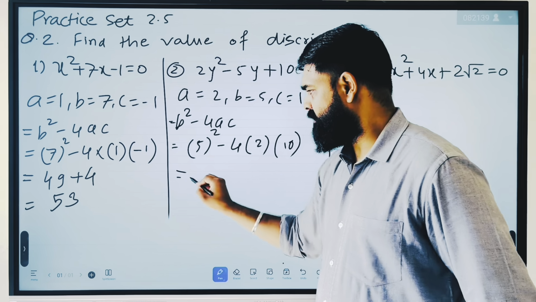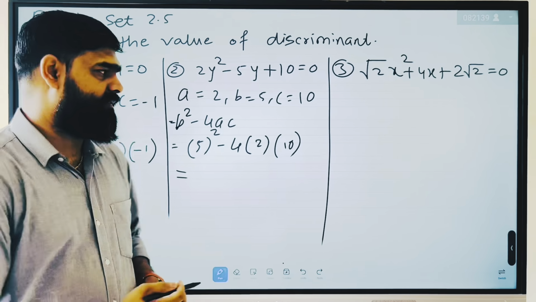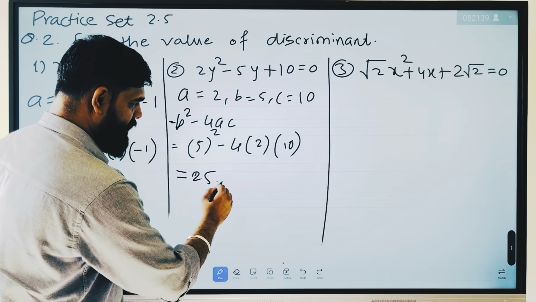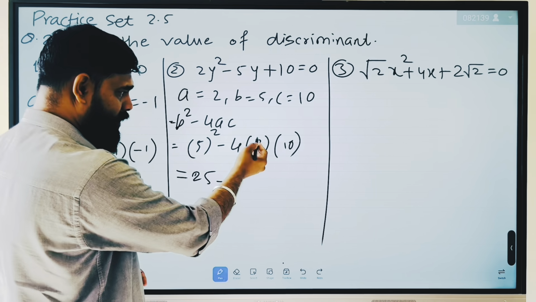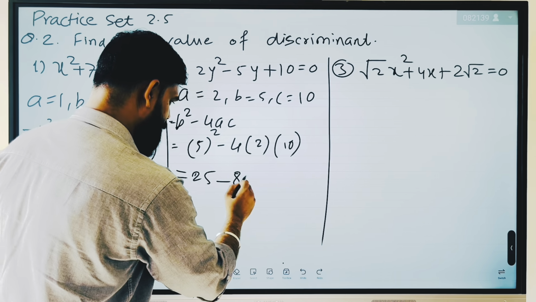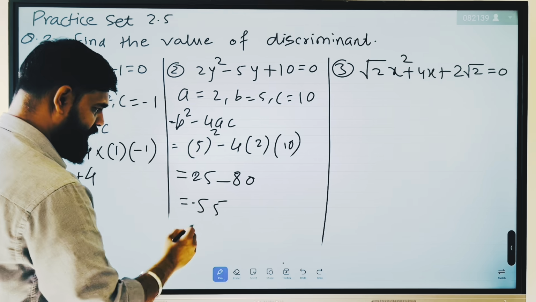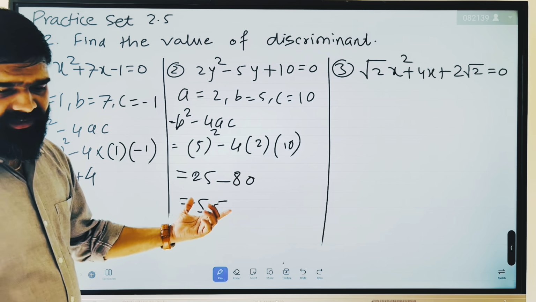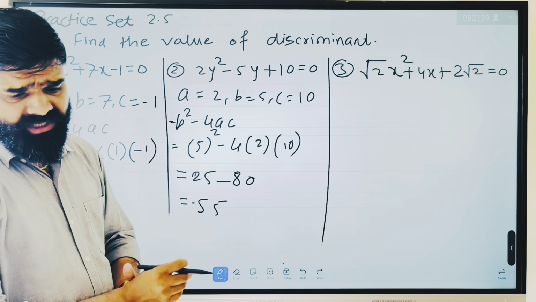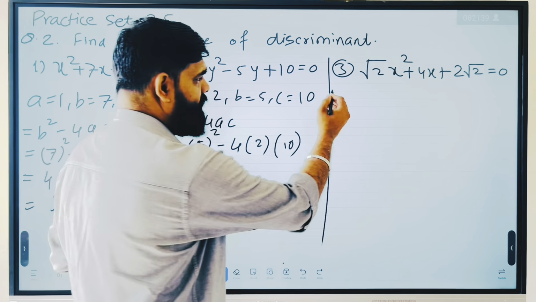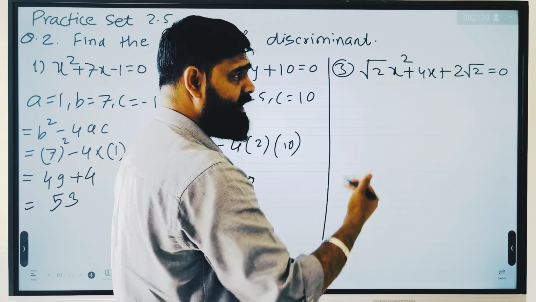So if we simplify this, we will get 5 square is 25 minus 4 into 2 is 8 into 10 is 80. We will get 25 minus 80 means value of the discriminant in this case is -55.